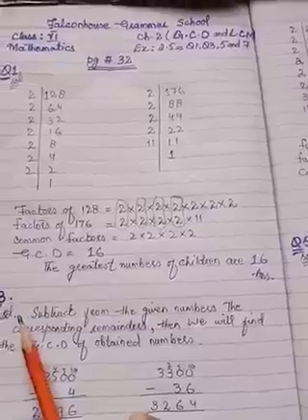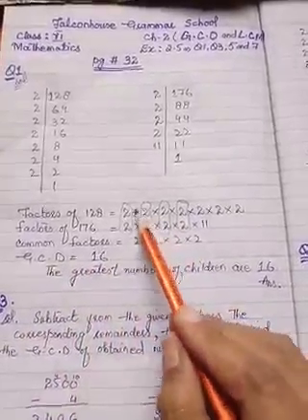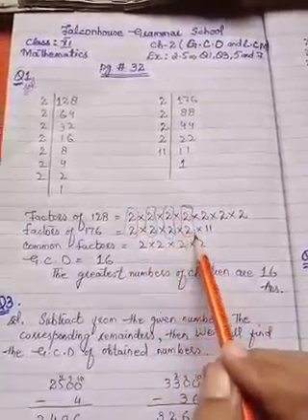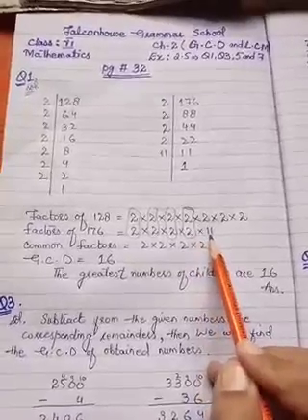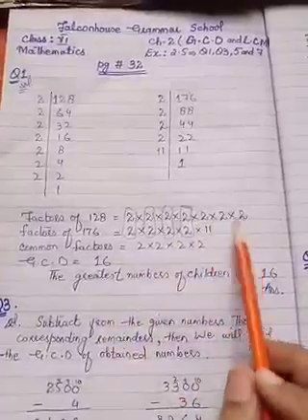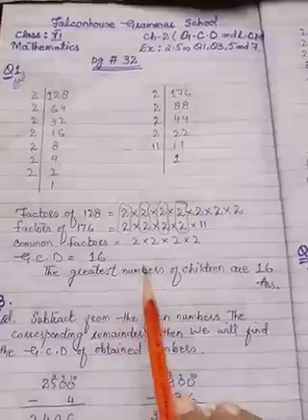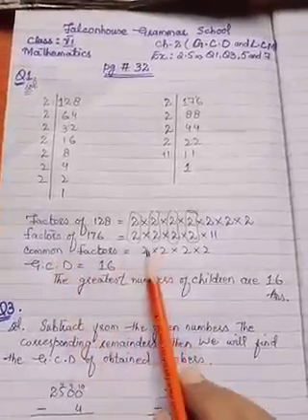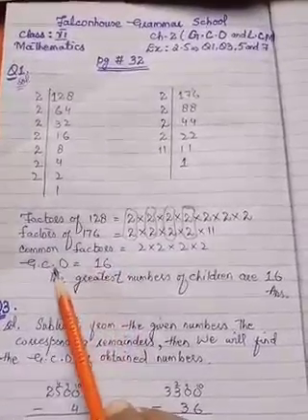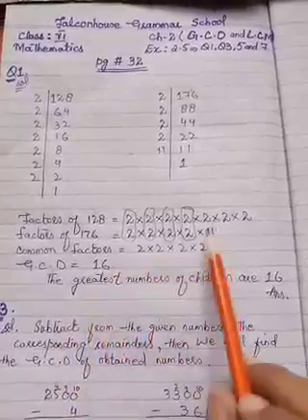Then in the next step, we find the common factors. We will make pairs: 1 2 3 4. We get 4 pairs of 2. We don't have a pair for 11 and the remaining 2s. They are uncommon factors, so we will leave them, because the GCD is equal to the product of common factors only.